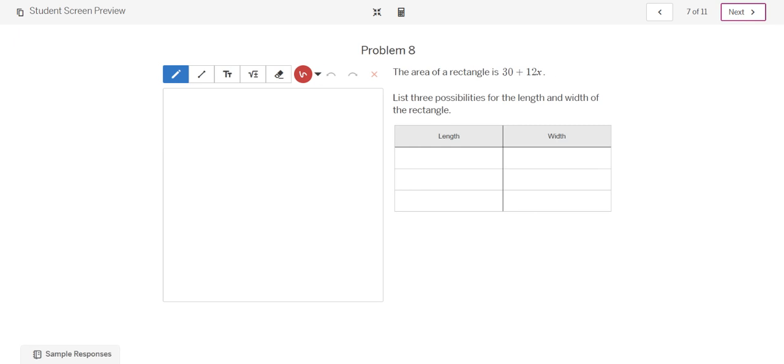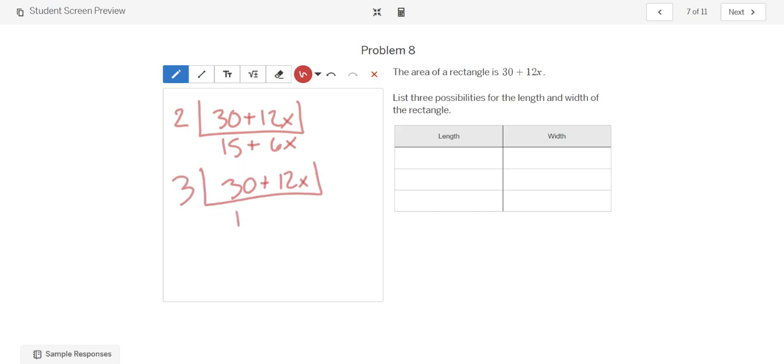Okay. So 30 plus 12x. There's lots of ways to break this down. If I did it with a 2, that would have been a 15 plus 6x. If I broke it down with a 3, that's a 10 plus 4x. If 2 works, 3 works, 6 also works: 5 plus 2x.